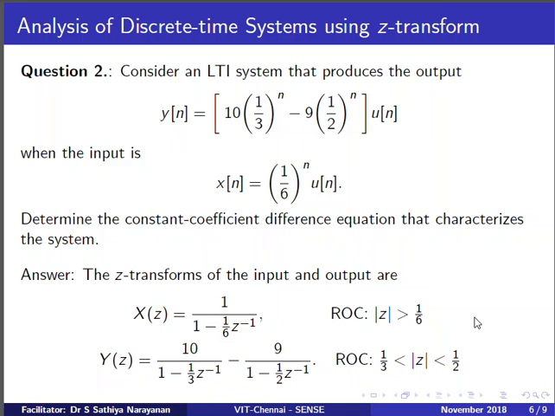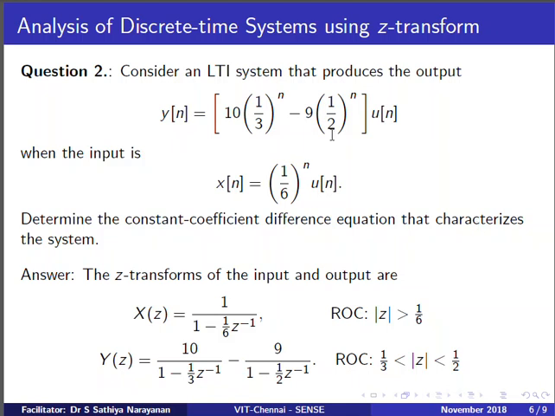Of course, these are z transforms, so we have to mention the region of convergence. You need to know the standard z transform pair beforehand to write the expressions for X of z and Y of z given x of n and y of n.